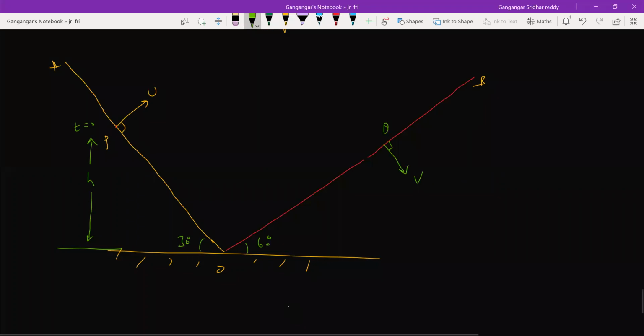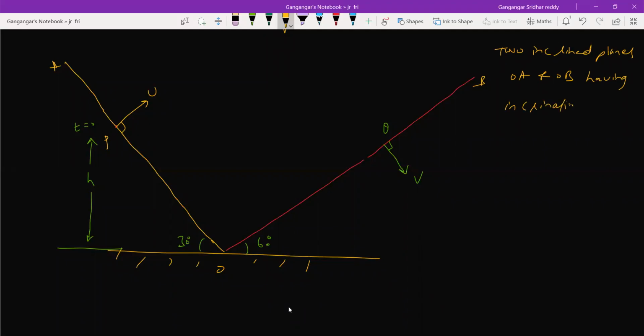So let me write the question. Two inclined planes, OA and OB, having inclinations as shown.